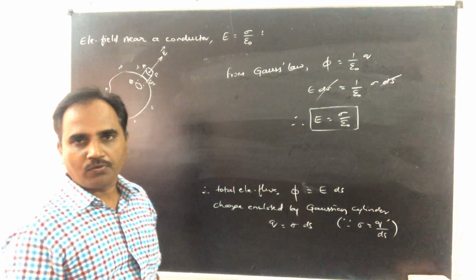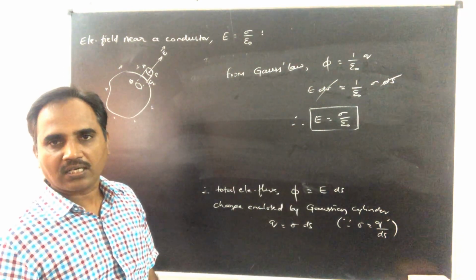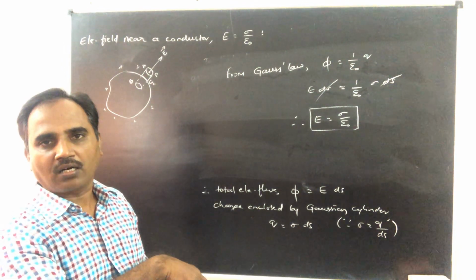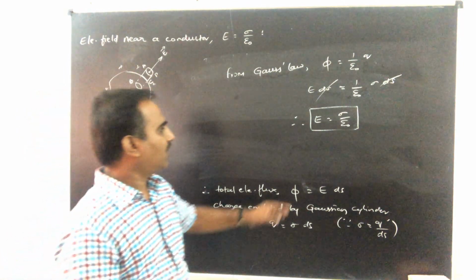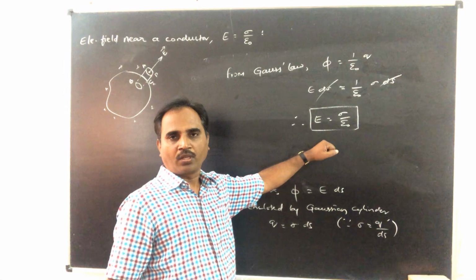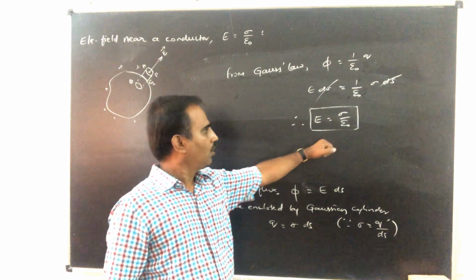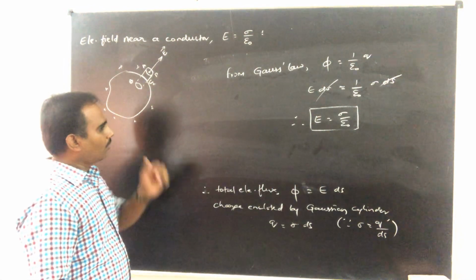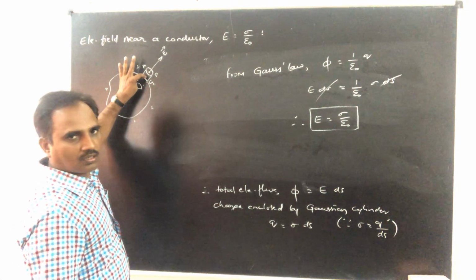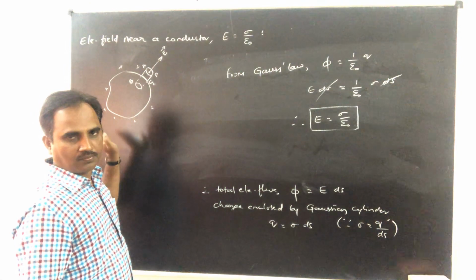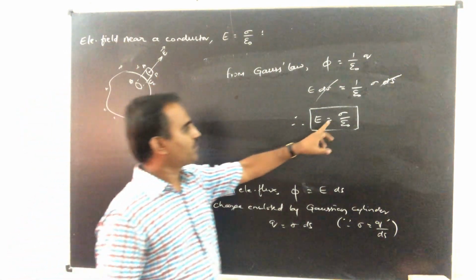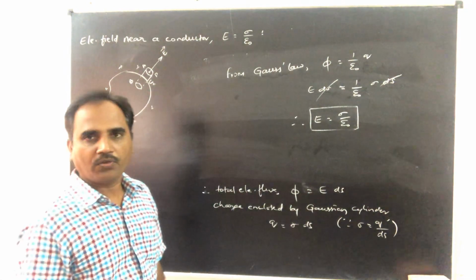For any charged conductor, at a point on the conductor or at a point near the conductor, the electric field or electric intensity is given by sigma by epsilon naught. This electric field near the conductor is independent of the amount of charge present; it only depends on the surface charge density, charge per unit area.